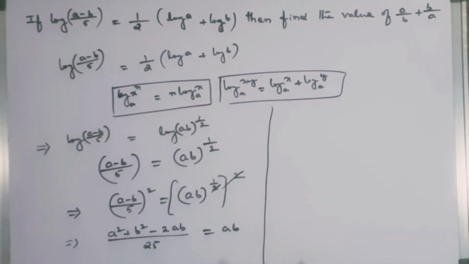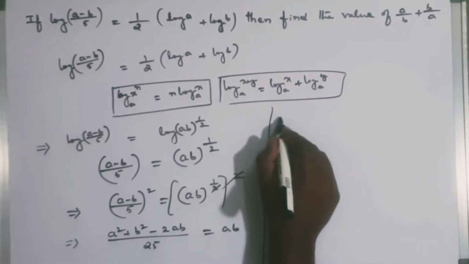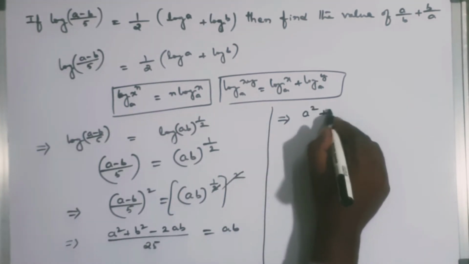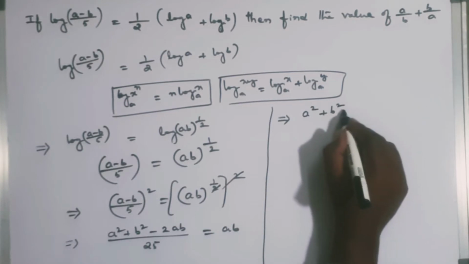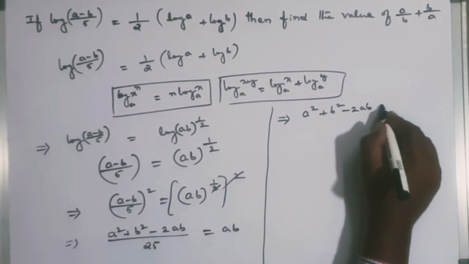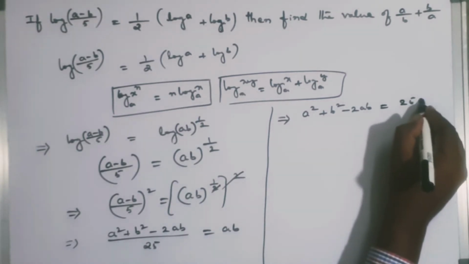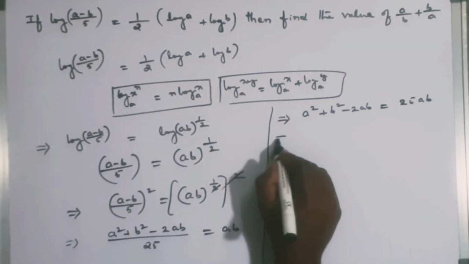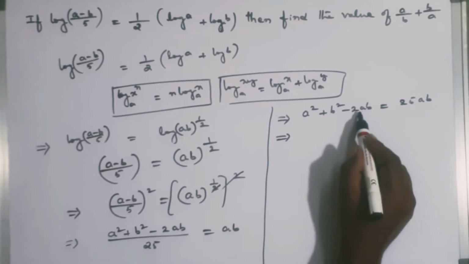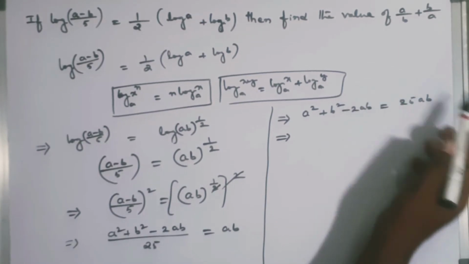Now which implies a square plus b square minus 2ab, if you multiply this side, 25 into a into b. Let us transpose minus 2ab.